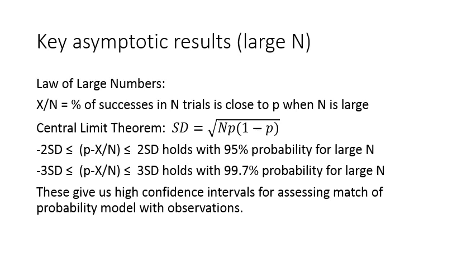So this gives us the central values, the range over which x over n varies, and this tells us what we can believe, what the probability model predicts. The probability model predicts that with 99.7% probability, the ratio of the number of successes to the number of trials will not be different from p by more than this range, which can be computed.